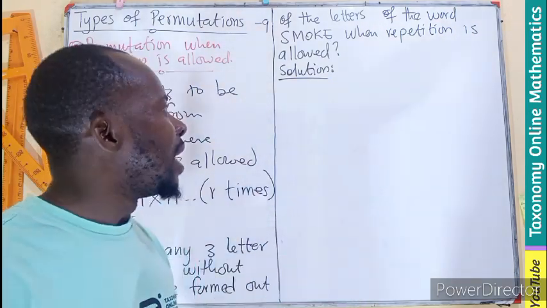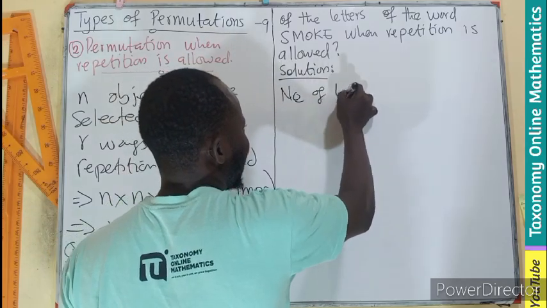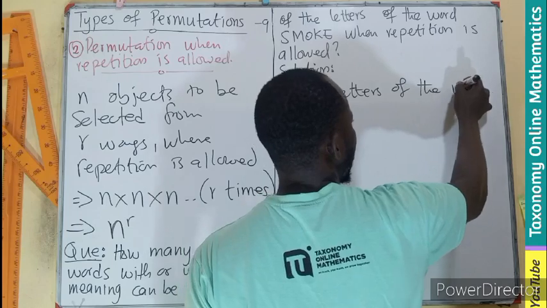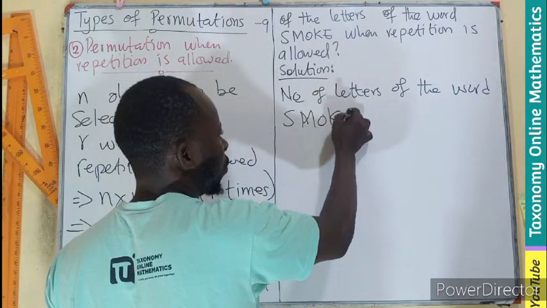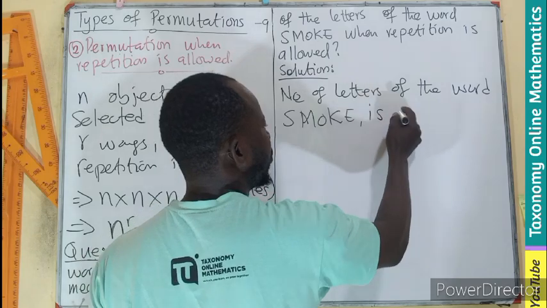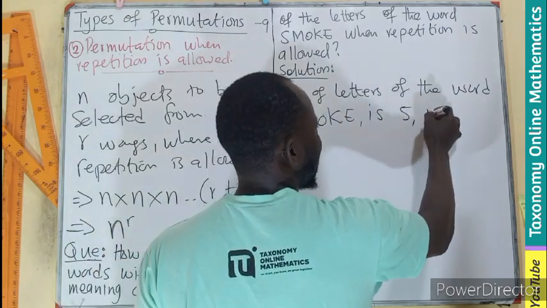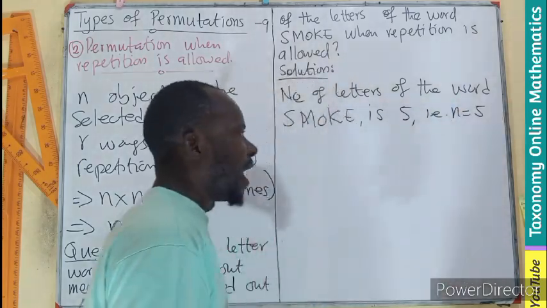It's allowed. Then we need to know the number of letters of the word smoke. It is going to be 1, 2, 3, 4, 5. So it's going to be 5. That is, our n is going to be 5.